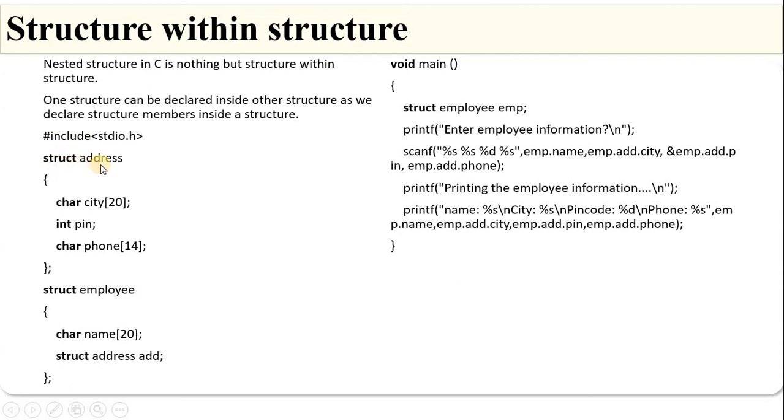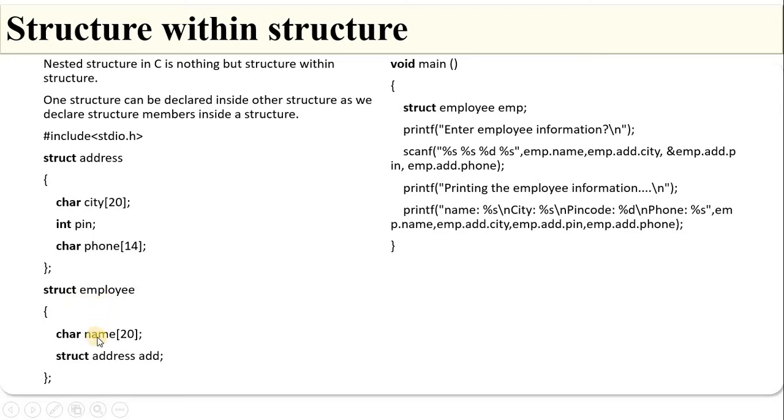Here there is a struct address. In this address structure, the members are city, pin and phone number. Right? This is the address structure. It contains city, pin code and phone number. And there is another structure called struct employee.